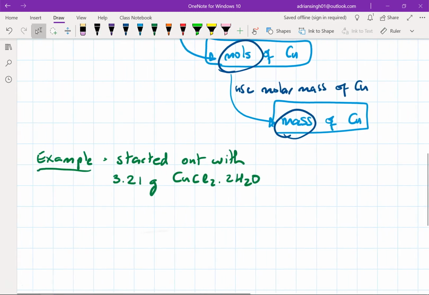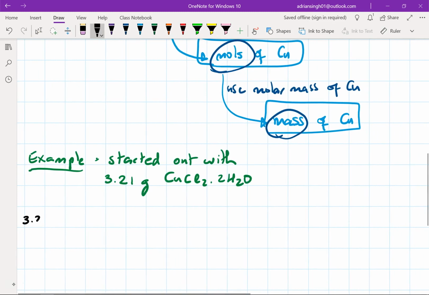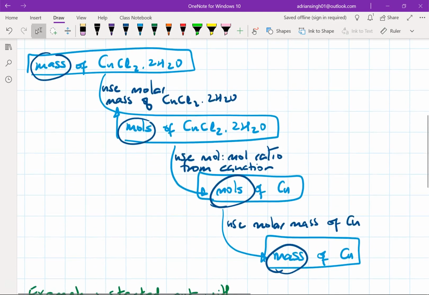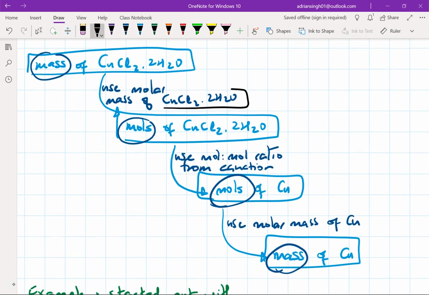So we have 3.21 grams of CuCl2.2H2O. Okay, our first step is to use the molar mass of the copper chloride. So the molar mass here, we just add up the individual molar masses.